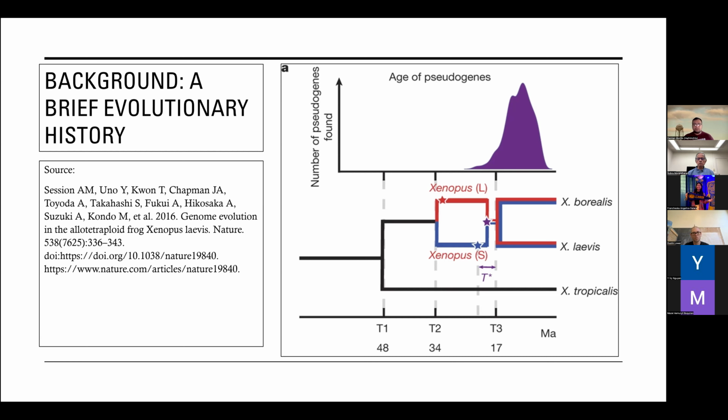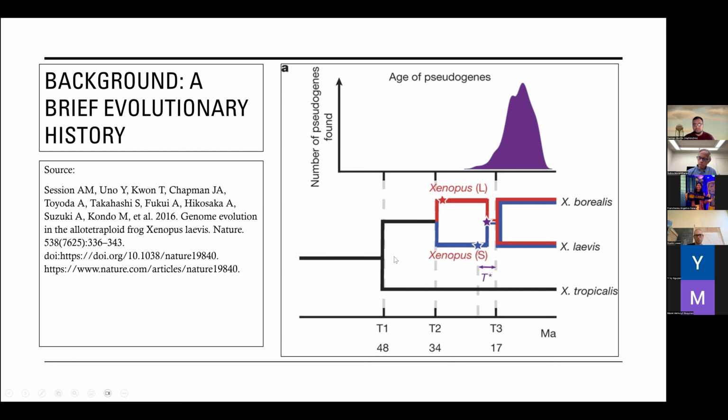And the unique thing about Xenopus is it's what's considered allotetraploid. So instead of being diploid like us, where we have 46 chromosomes, 2 copies of each chromosome, Xenopus has 4 copies of each chromosome, specifically Xenopus laevis. So evolutionarily, this goes back to the most common ancestor, which diverged with tropicalis 48 million years ago.